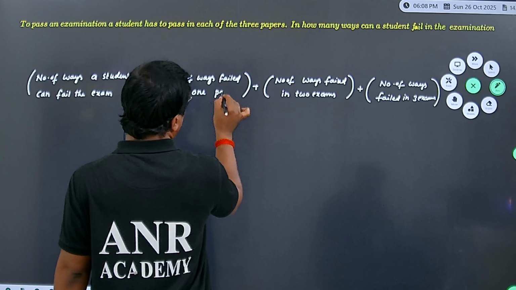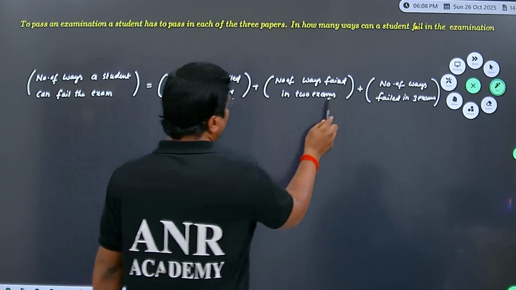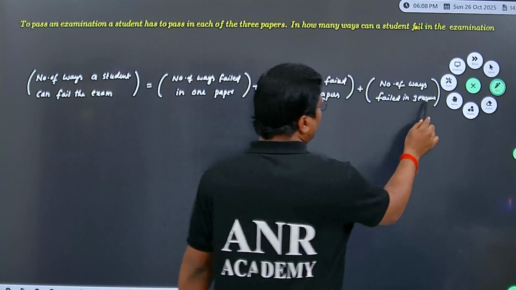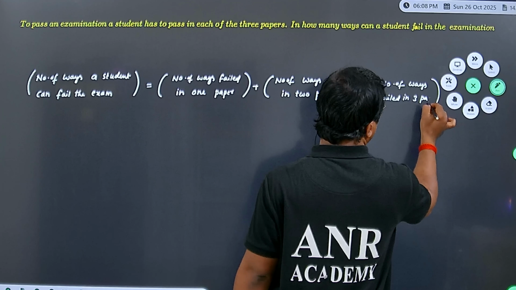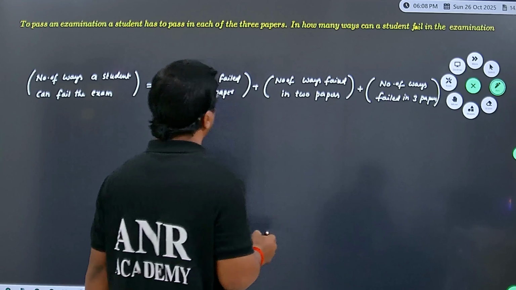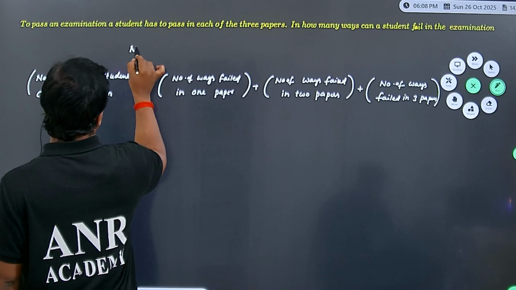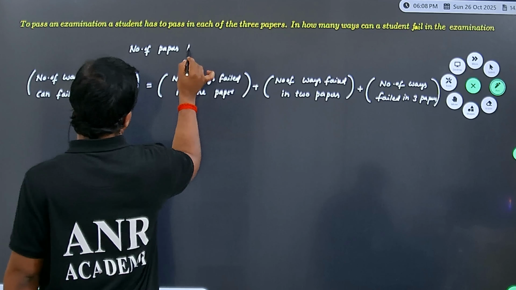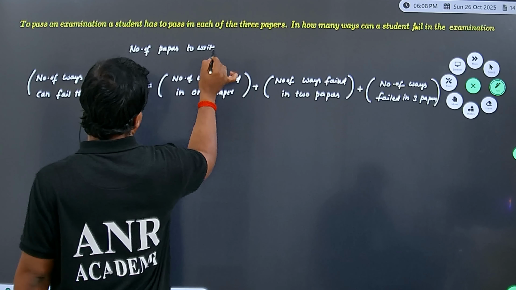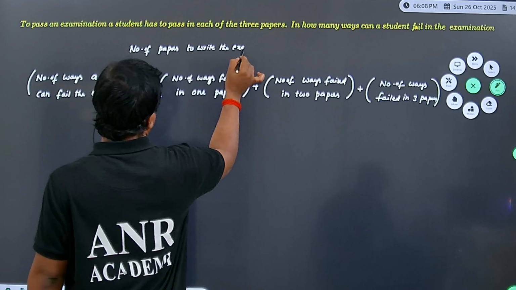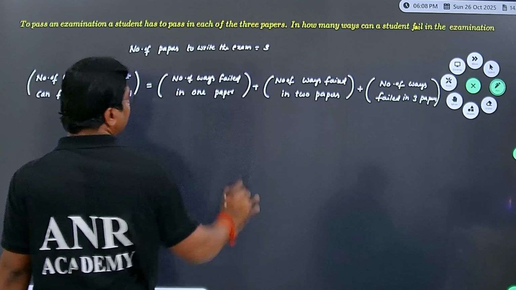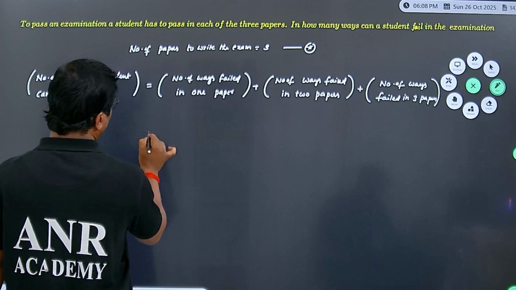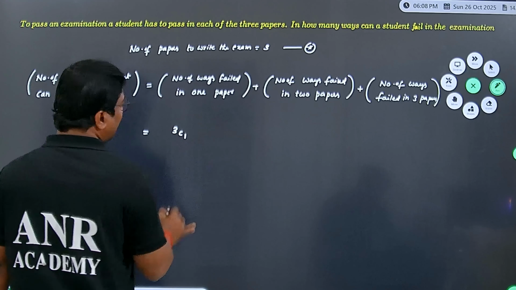One paper, here 2 papers, and here you have to write 3 papers. The number of papers to write the exam is given as 3. Yes. See here, from the 3, suppose one paper failed.